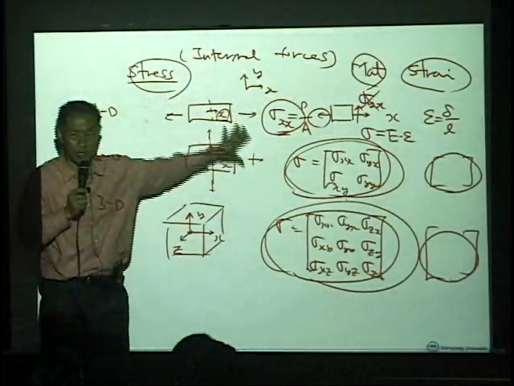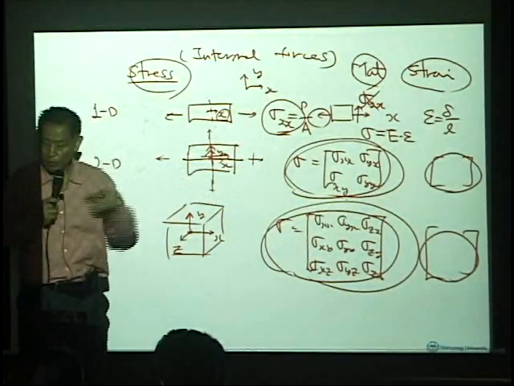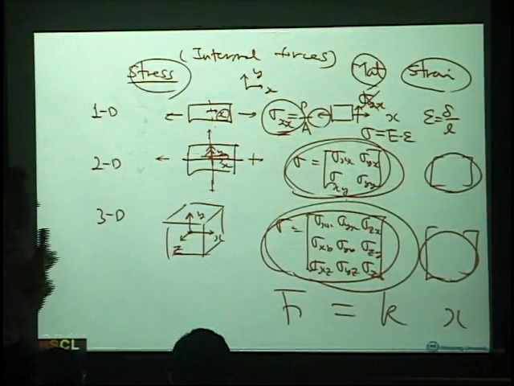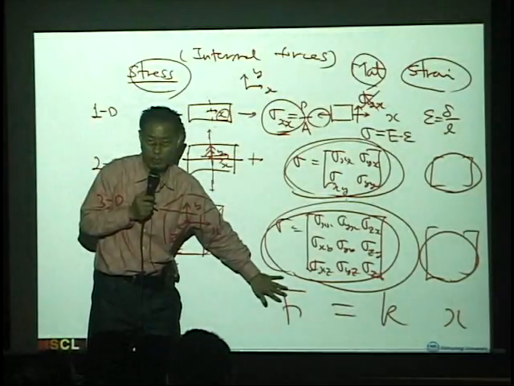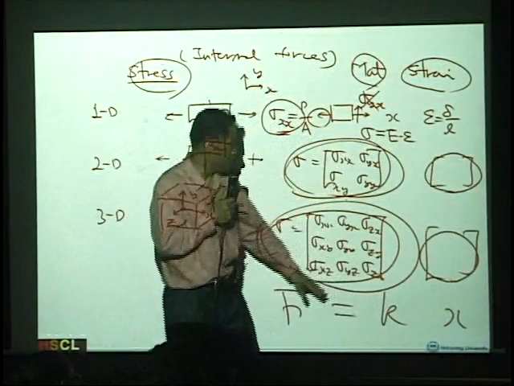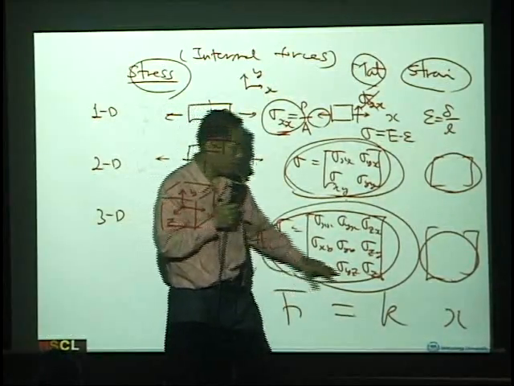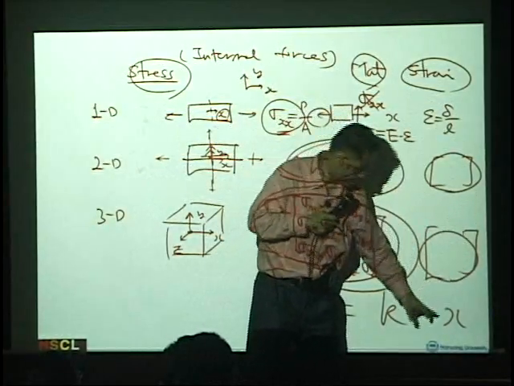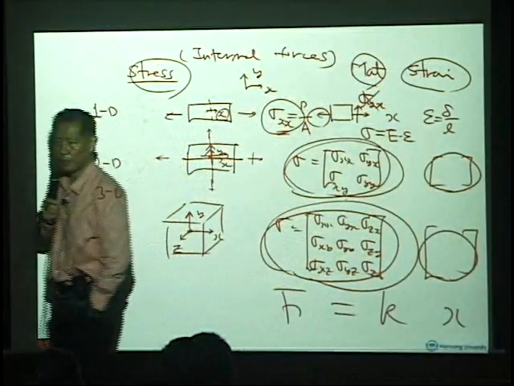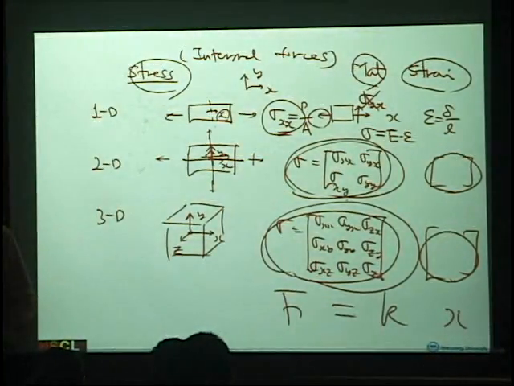The reason I summarize it this way is that it's very similar to F equals Kx. In a spring, we have the force, deformation, and material property. Here, this is the internal force, strain is the deformation, and the material property is Young's modulus. We will expand the concepts like that.